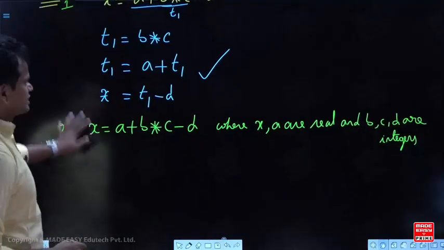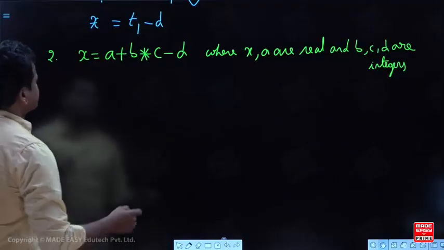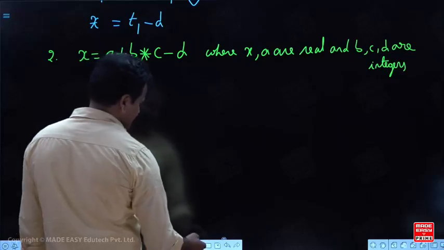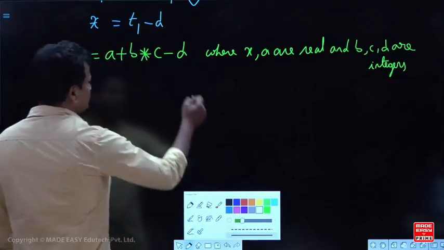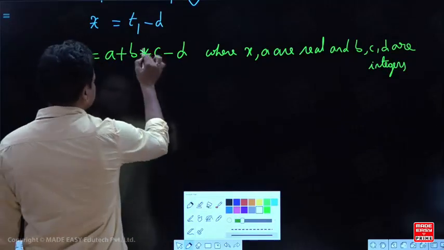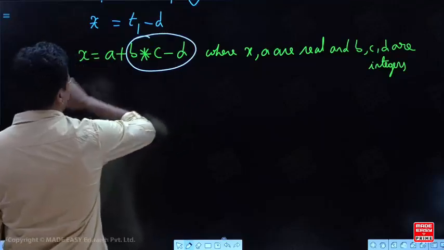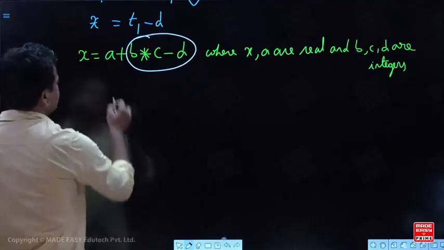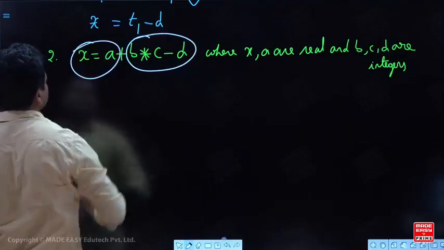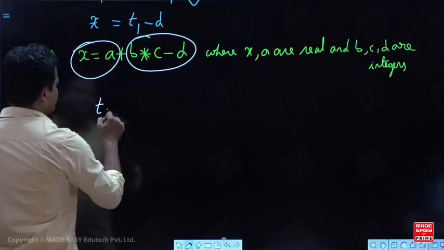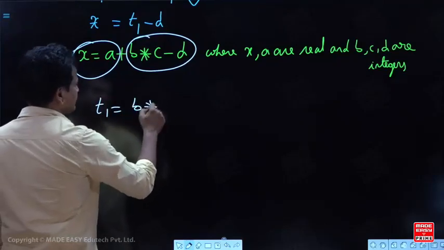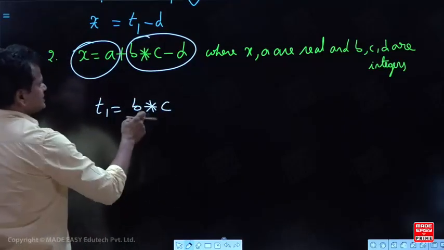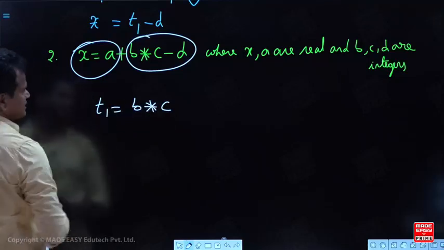Okay, coming to this one, X equal to A plus B star C minus D. You observed here, B, C, D are integers, X and A are real. So what I do here, T1 equal to B star C. B is integer, C is integer, and the result T1 is also integer.